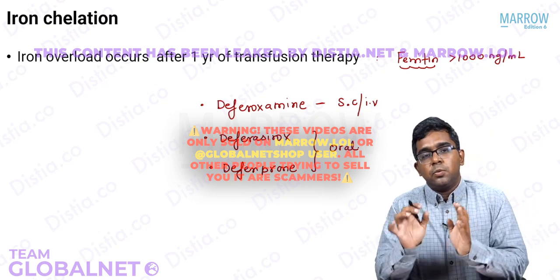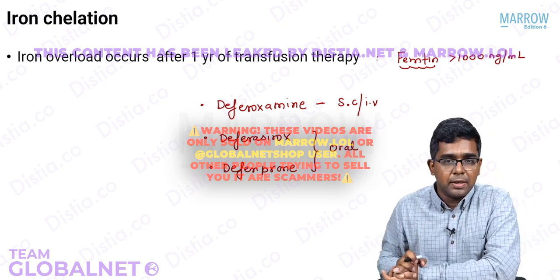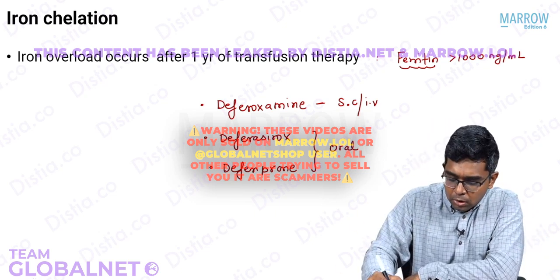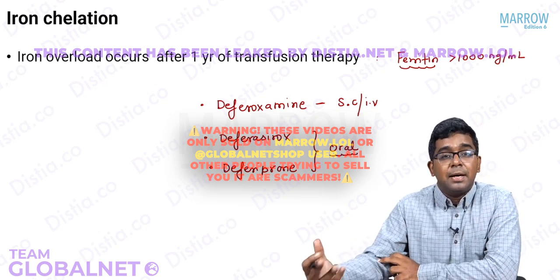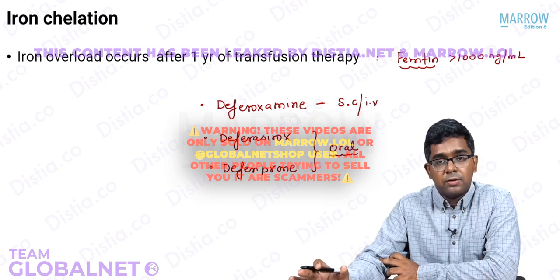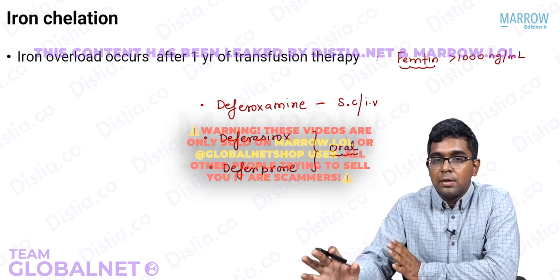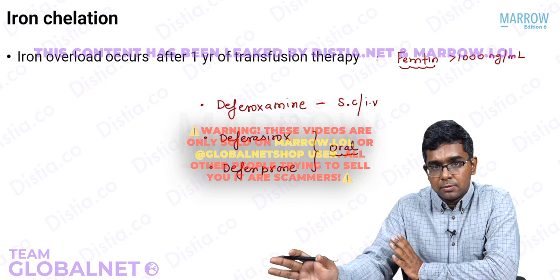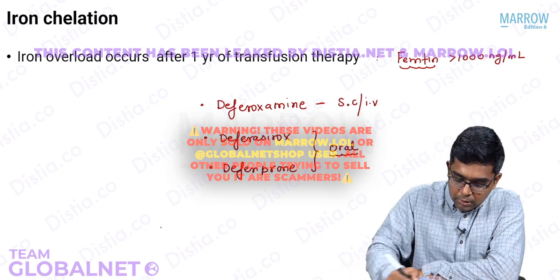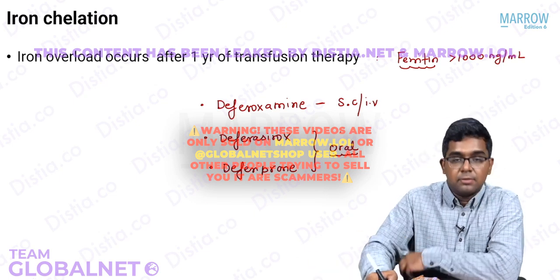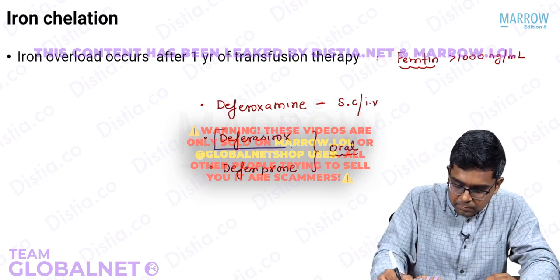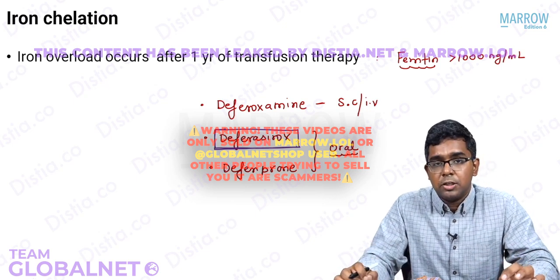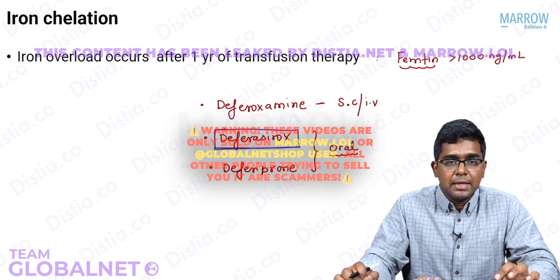Please remember, they require this chelating agent for a long period of time. So nowadays, oral chelating agents are preferred, obviously because of the parenteral administration of deferoxamine. Okay, so now oral chelators are being used commonly, and the usual agent which is more effective in decreasing the organ damage is deferasirox. That is a commonly used iron chelating agent in the management of beta thalassemia major.